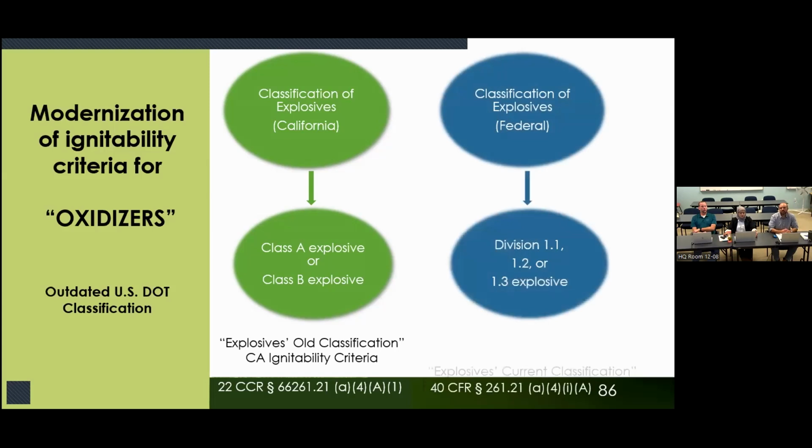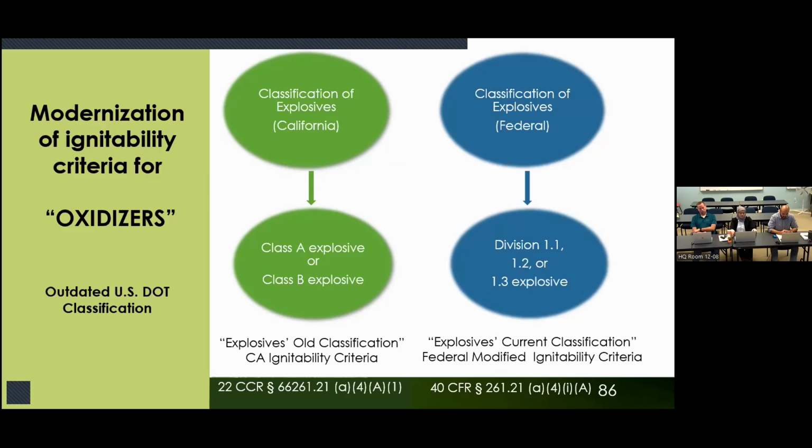So the new system replaced the use of explosive Classes A and B with the classification codes of 1.1, 1.2, 1.3, etc. One thing to note is that this classification system was modified by US DOT years ago. The US EPA has already updated its regulations, as we just shared, and their regulations now match the changes pertaining to this current explosive classification.